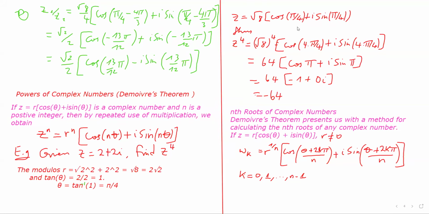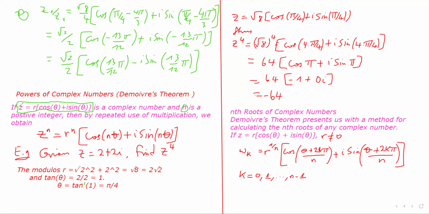All right, so here as well, now what we want to talk about is the powers of complex numbers. If you have a complex number z, which is r into bracket cos theta plus i sine theta, and you take n, a positive integer, then you can find the power, z to the power n, of that complex number.